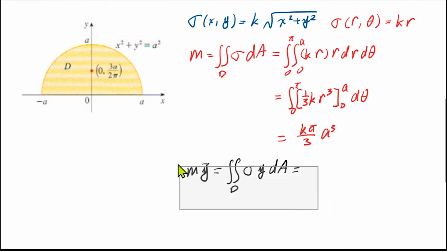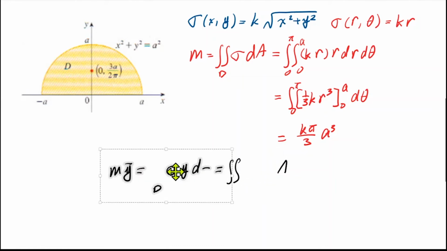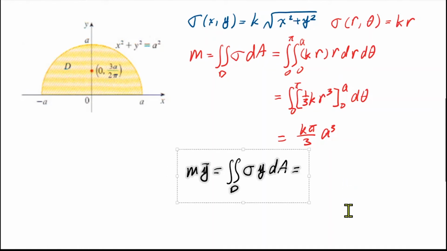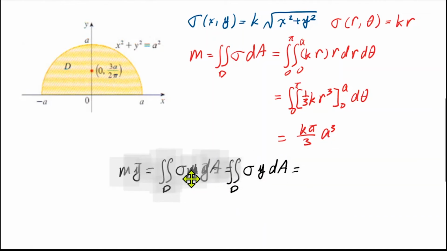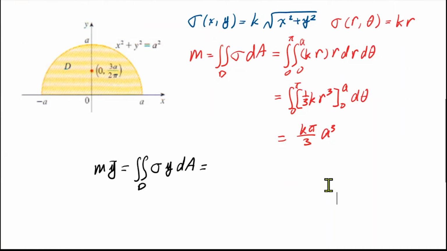Okay, I'm gonna move this over a little bit to get more room. That didn't work. Hold on. Why did that not work? Okay, good. Now how come my second integral sign turns out to be ugly? And 0 to a and 0 to pi, and then our density function was kr. Good. And then what is my y? What is y in polar coordinates?